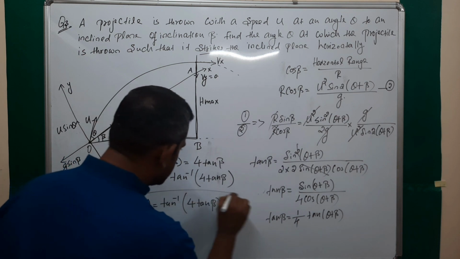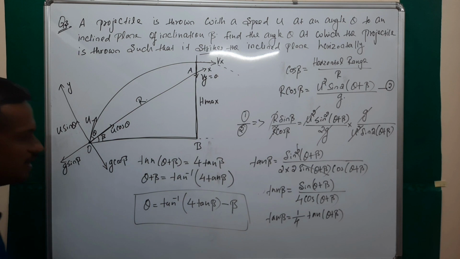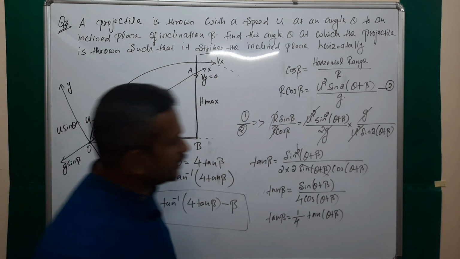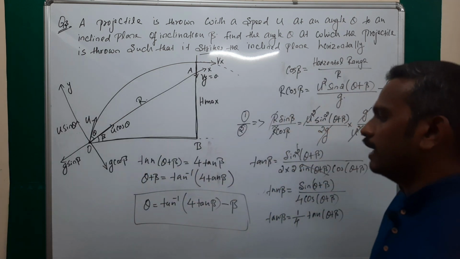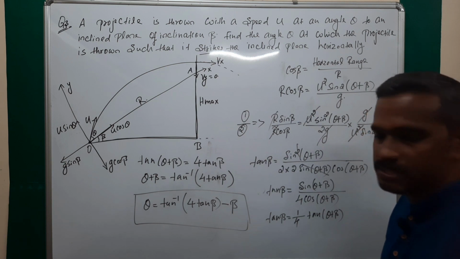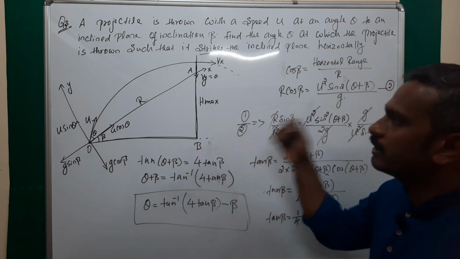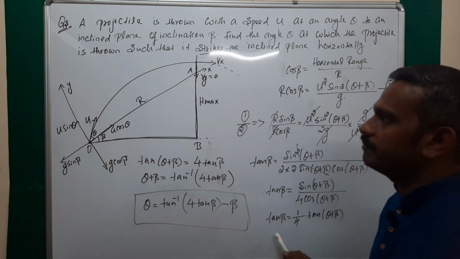This is the angle of projection such that the projectile hits the inclined plane horizontally. This must be the value of the angle. Theta is equal to tan inverse of 4 tan beta minus beta. Then only will the projectile hit the inclined plane horizontally. Clear?